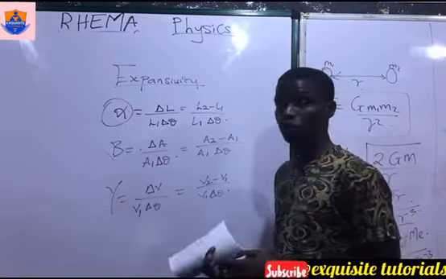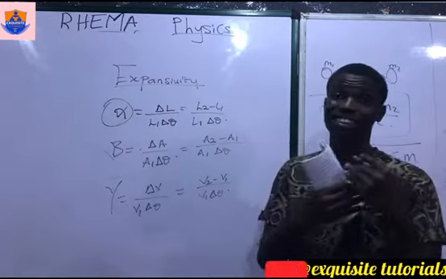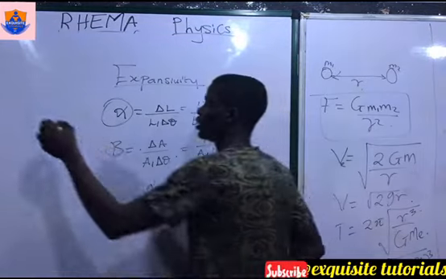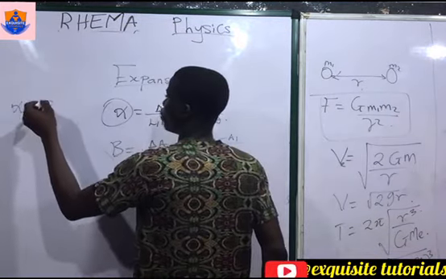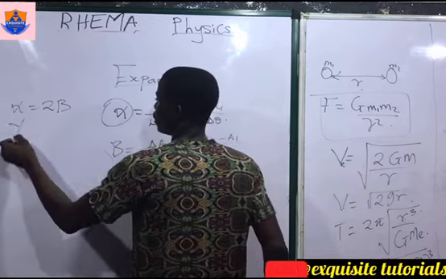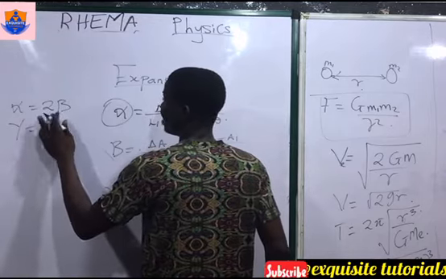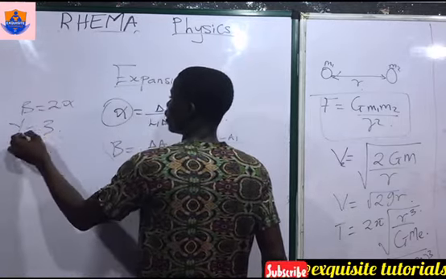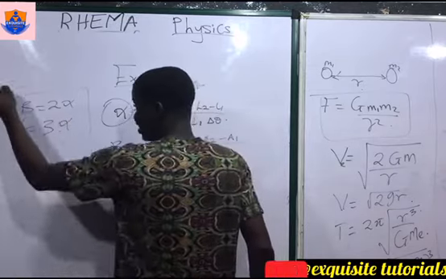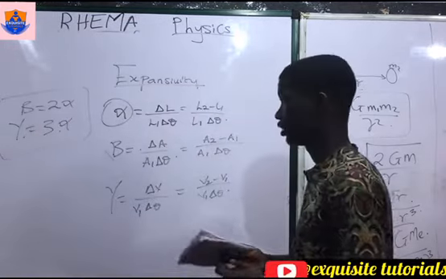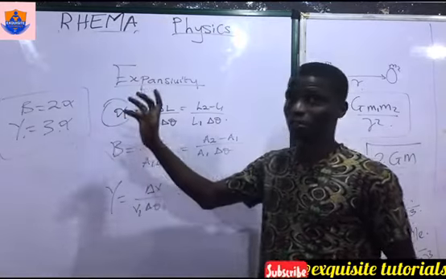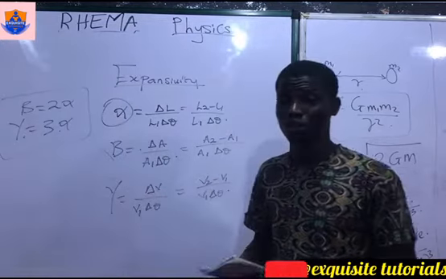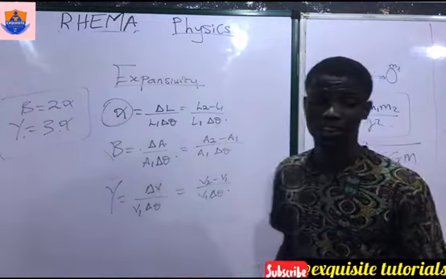In that case, there's a relationship between the linear, cubic, and superficial area expansivity. Our beta is equal to 2 alpha, and our gamma is equal to 3 alpha. This is the relationship that exists between them, so you can interchange the values to get the linear or area expansivity. Let me give you an example so you can get a glimpse of what I'm trying to say.